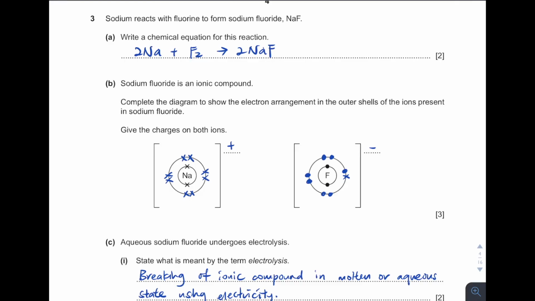Sodium, we know that sodium has 11 electrons, so it donates 1 to form 2, 8. Fluorine, initially it is 2, 7, so it gains 1 to form 2, 8. So you see dot and cross. Initially fluorine has 7 valence electrons, so there will be 7 dots and 1 cross, to show that it gains 1 electron from sodium. And then followed by indicating the charge.